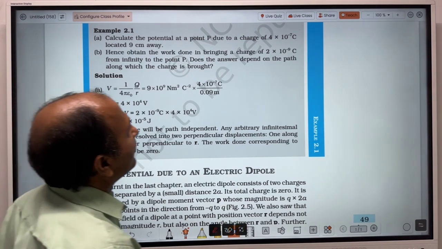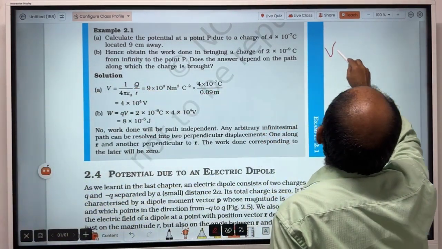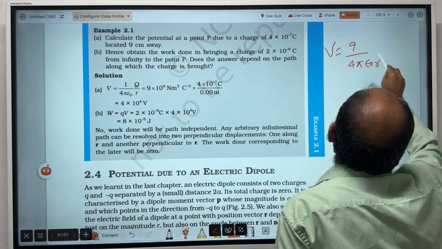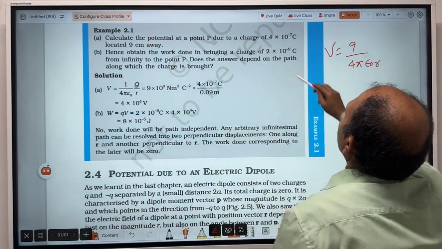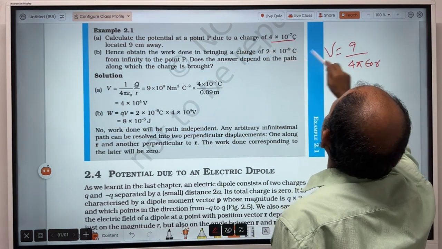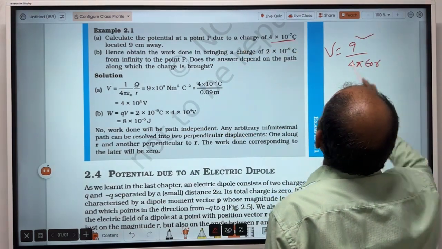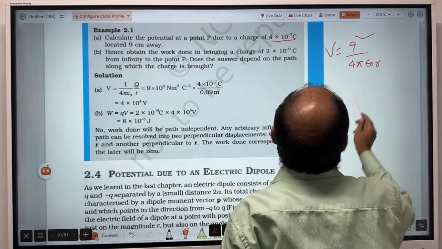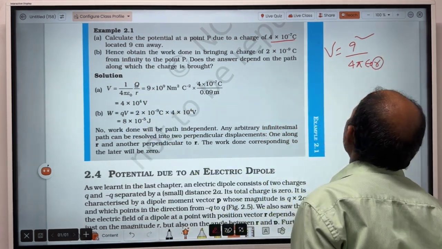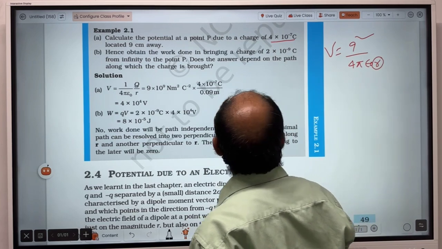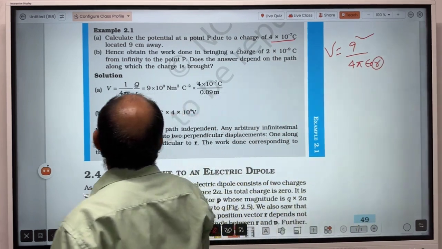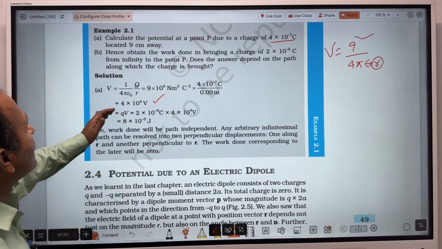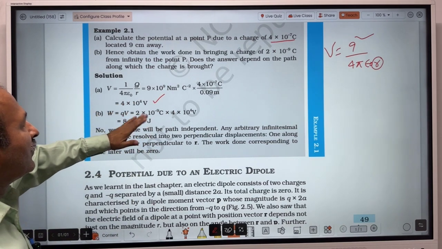As I told you, potential V is equal to Q upon 4 pi epsilon naught R. Here Q is given, and 1 upon 4 pi epsilon naught is 9 into 10 power 9, and distance is 9 centimeter. So here you will write 9 by 100 or 0.09, and then you can evaluate. The same is evaluated for you here, and this comes out to be 4 into 10 power 4 volt.